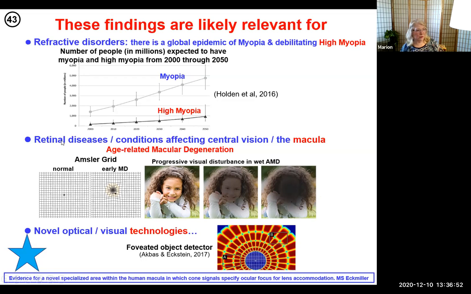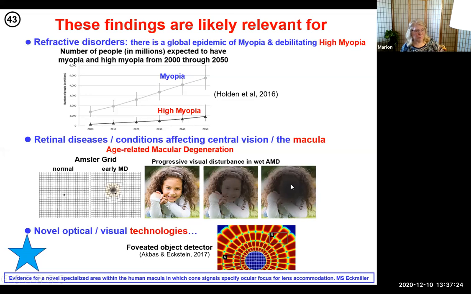These findings are also relevant for retinal diseases and conditions particularly affecting central vision or the macula. We know macular pigment is important in macular degeneration, so I suggest it's probably important for AMD, where the Amsler grid lines get distorted, and the cones only in the center of the macula for unknown reasons wind up dying.